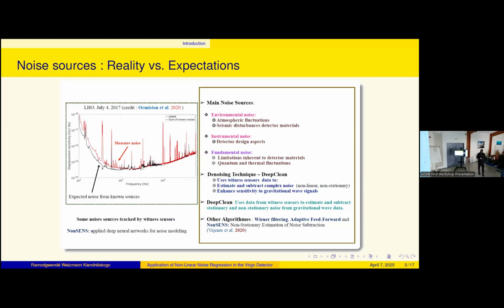Unlike traditional methods such as Wiener filtering, which works really well but only for stationary noise, DeepClean is able to handle non-stationary noise. That is really very common in real detector data.